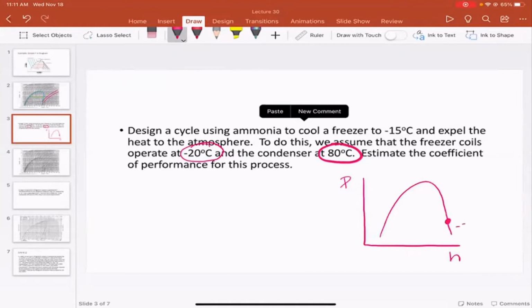So that's at minus 20 degrees C. And then here we're going to be at state C, which is at 80 degrees C. And because they're saturated, we'll know what the pressures are because we'll be at minus 20 degrees C and whatever P sat is at minus 20. And here we'll be at P sat at 80. And then we will find all the rest of these points, right? So that's A, B, C, and D, okay?